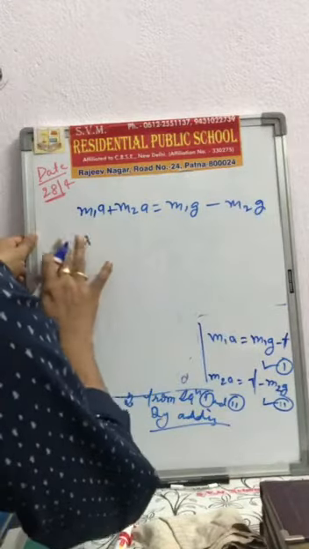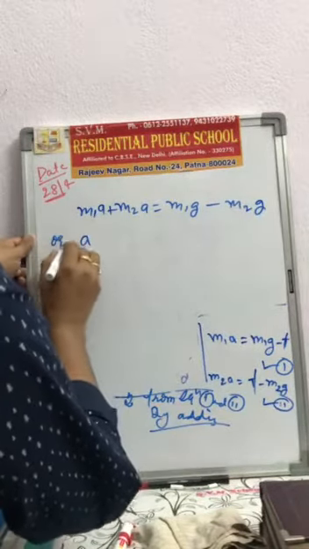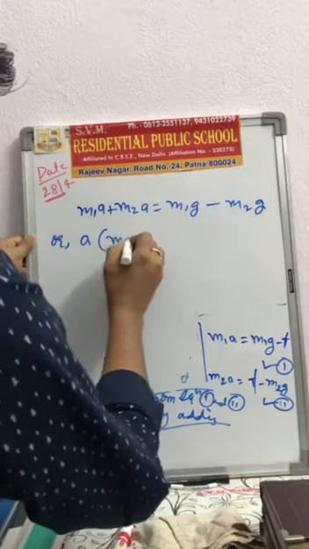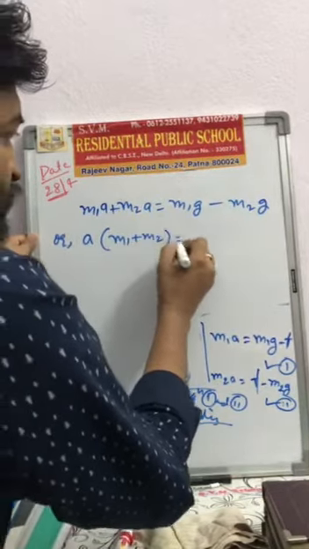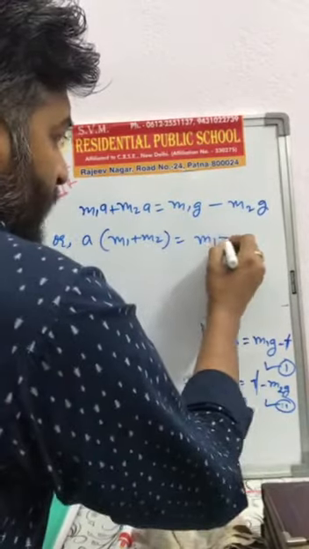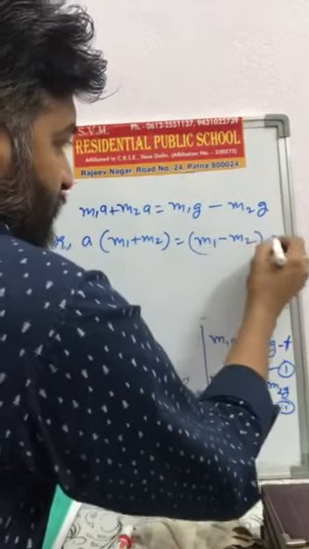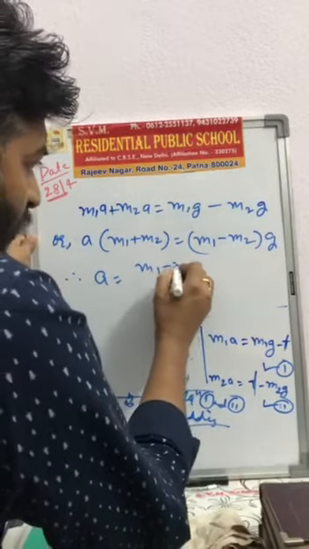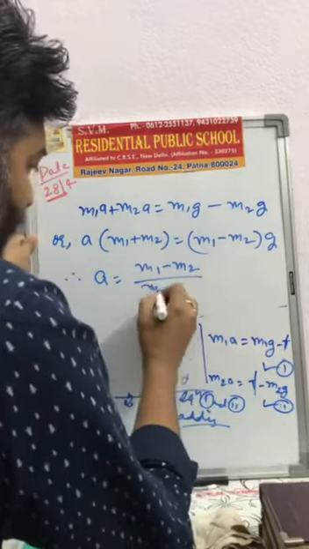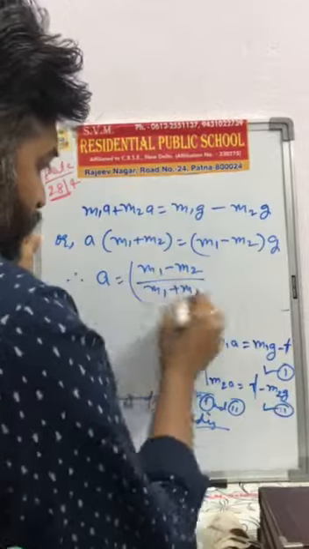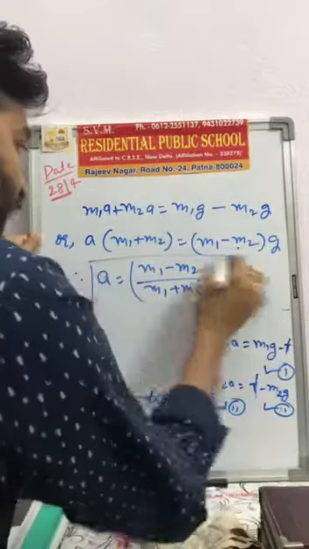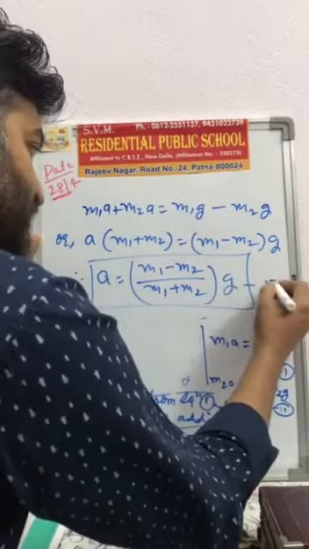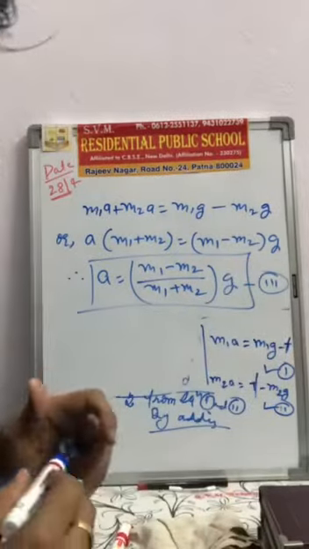Therefore, A into M1 plus M2 is equal to M1 minus M2 into G. Therefore, A is equal to (M1 minus M2) by (M1 plus M2) into G. This is the value of acceleration.